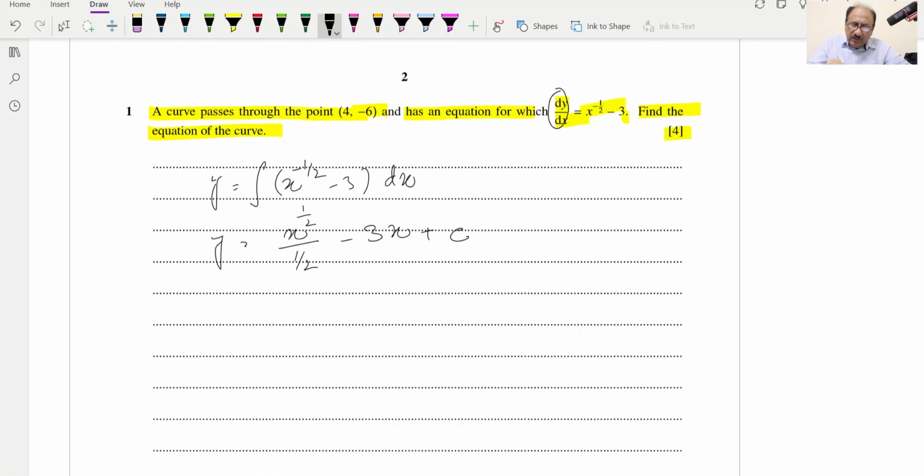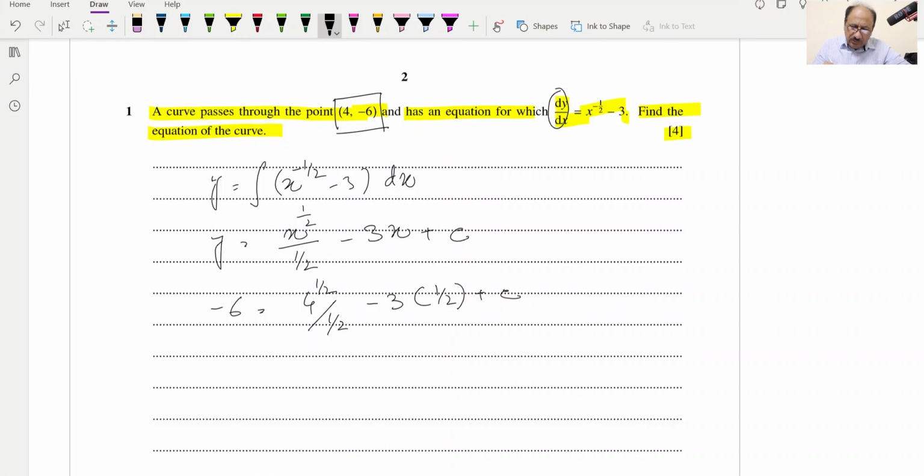Now we can find the integration constant by substituting this point. The y value is minus 6 and the x value is 4. So 4 raised to the power 1/2 divided by 1/2, minus 3 into 4, plus c.